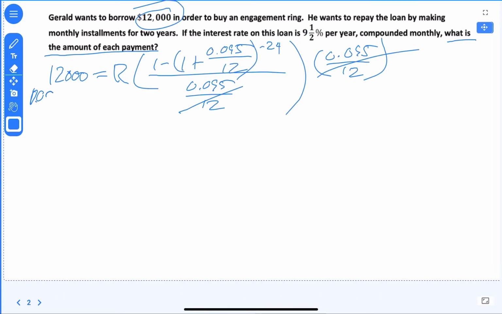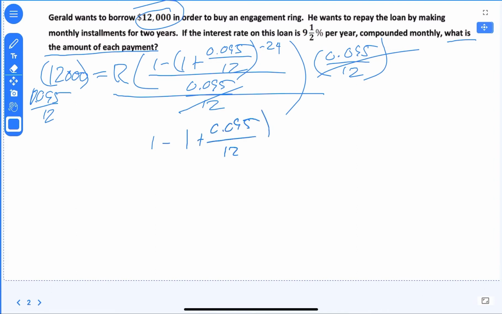Multiply this by 0.095 divided by 12. And then you would divide by 1 minus 1 plus 0.095 over 12 to the negative 24th over, that's all we divide by. That's it. You see? It's the same thing. You're just kind of skipping a step.